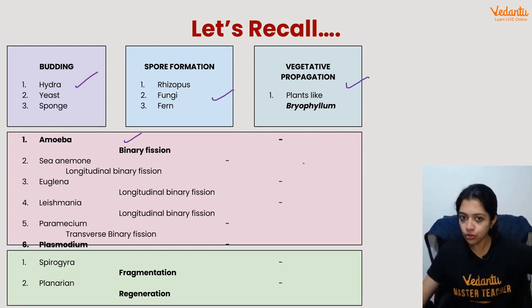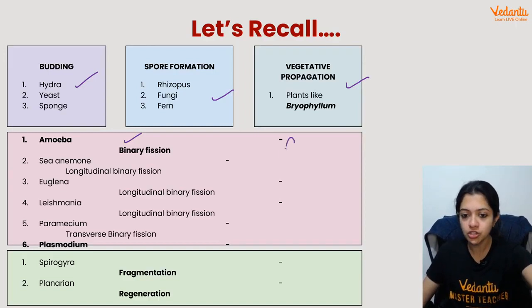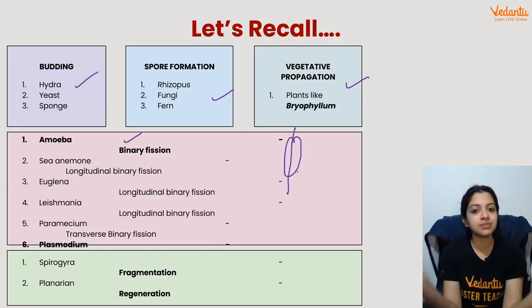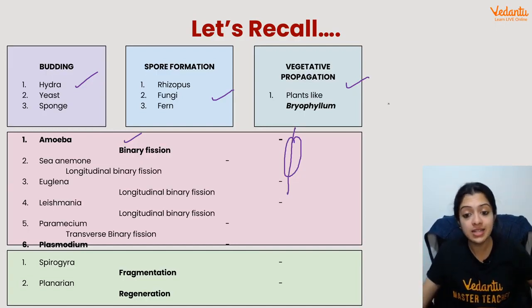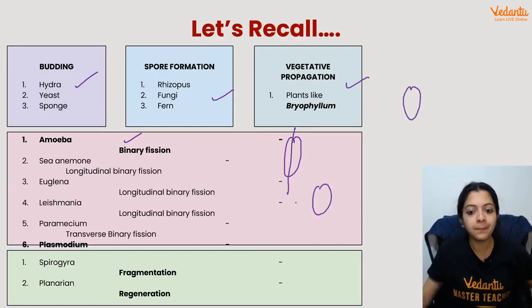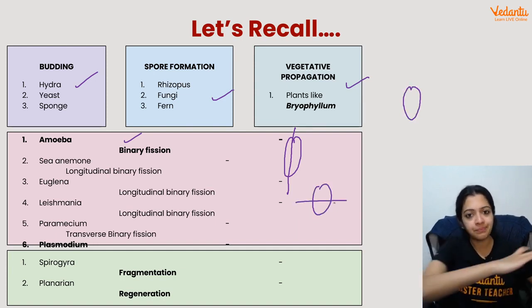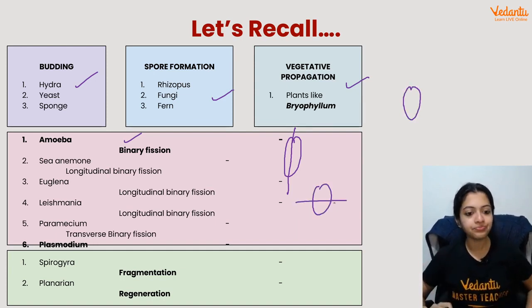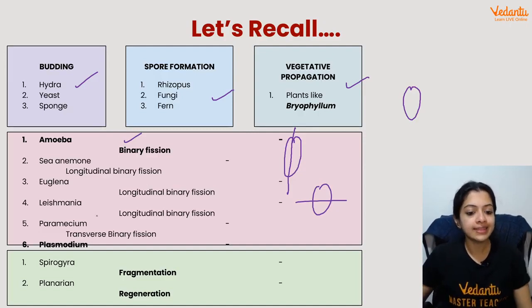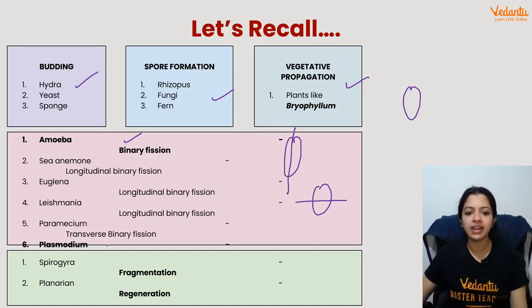Remember, children, I have not told you this in today's session, but longitudinal binary fission would mean division of an organism this way, longitudinally. Transverse binary fission would mean an organism breaks up this way, transversely, horizontally. And then, of course, fragmentation and regeneration and multiple fission as well.